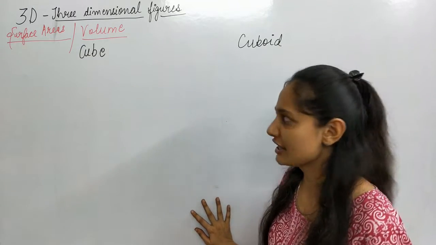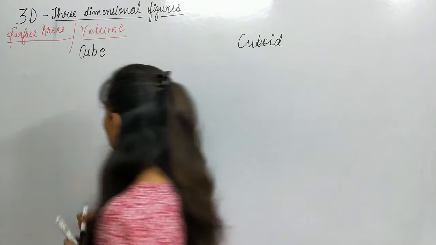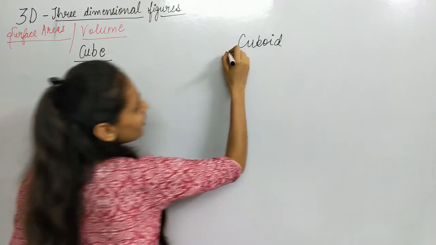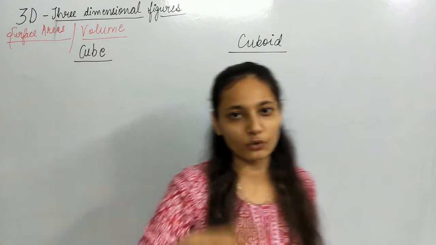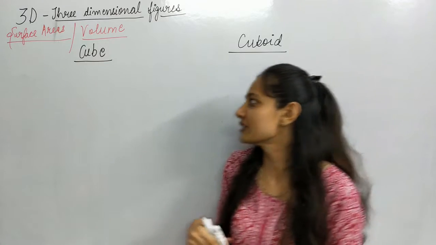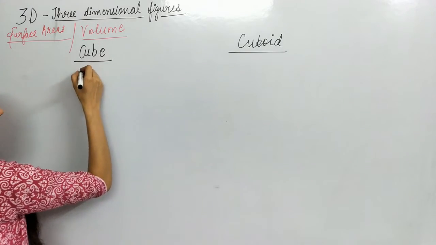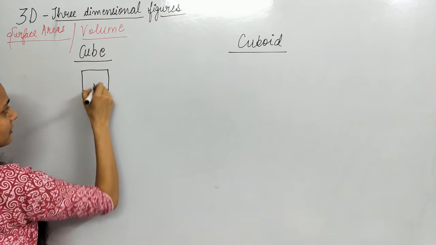These are 3D solid shapes, that is cube and cuboid. So cube, you have seen a Rubik's cube. That has all the same dimensions.